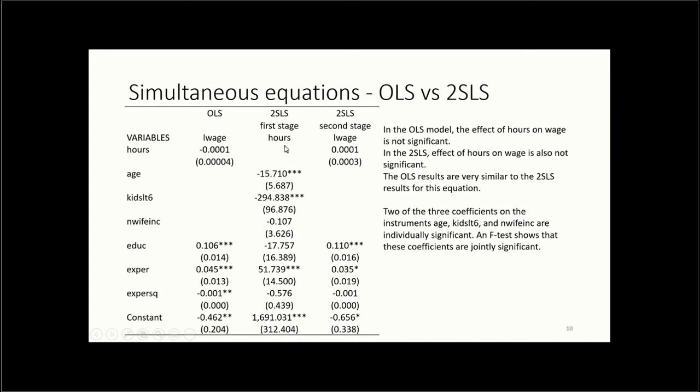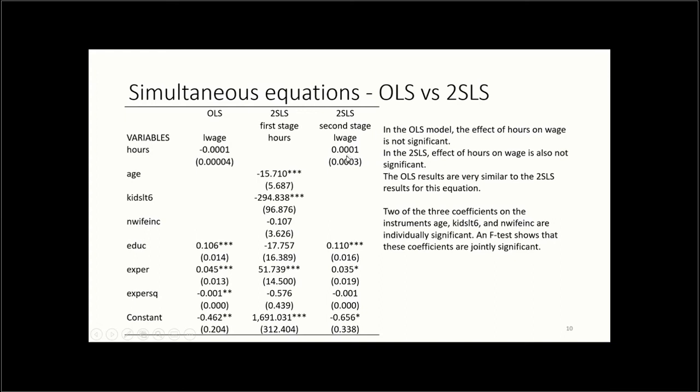Now we pick the predicted values, which is hours hat, and we put hours hat in here. So even though it looks like it's hours, that's now hours hat, and that's the coefficient on it. So now we are regressing log of wage on hours hat and all of the independent variables that are exogenous, and these are the results.